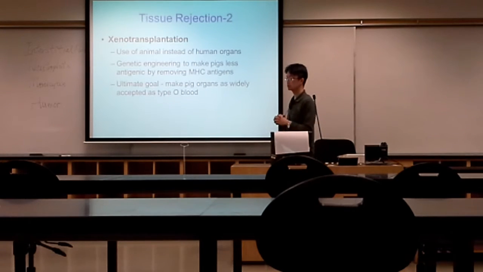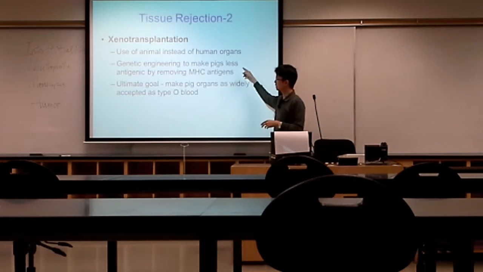Xenotransplantation is something to do with biotechnology again. So we genetically engineer special pigs that do not have MHC antigens. Since those pigs do not have MHC antigen, that means they are immunely neutral.